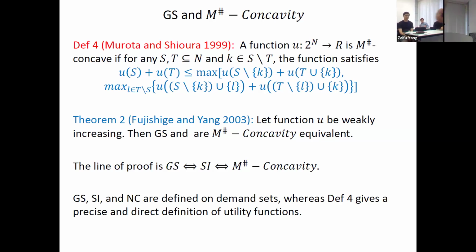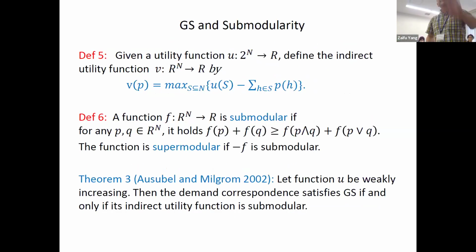Here the difference is that GS, SA, and NC are defined on the demand set, but the definition of M-natural concavity is a precise, direct definition on the utility function.